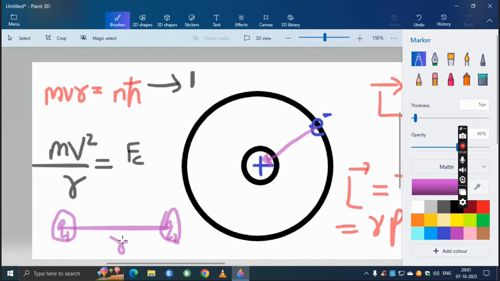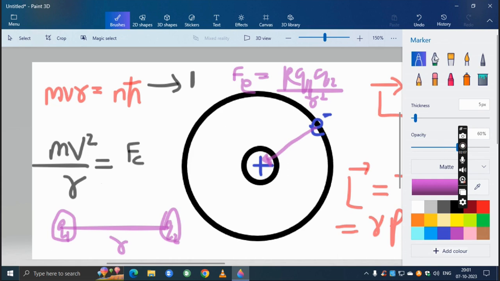If you have two charges q1 and q2, where charge is denoted by the letter q, separated by a distance r, then the electrostatic force between them is going to be k q1 q2 by r square, just like the gravitational force between them is G m1 m2 by r square.